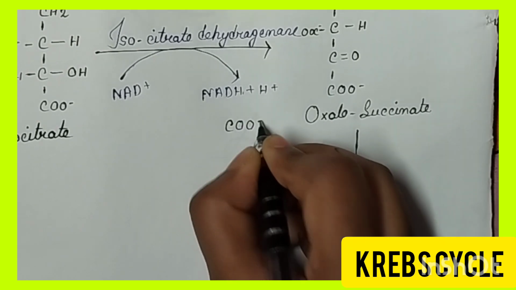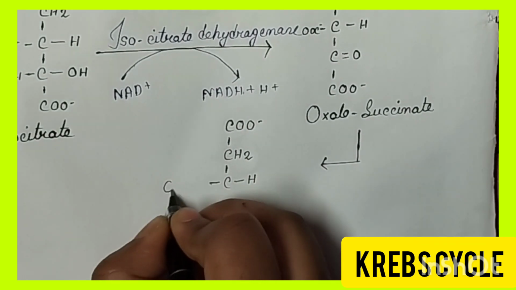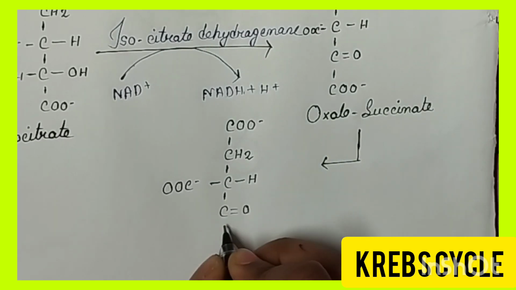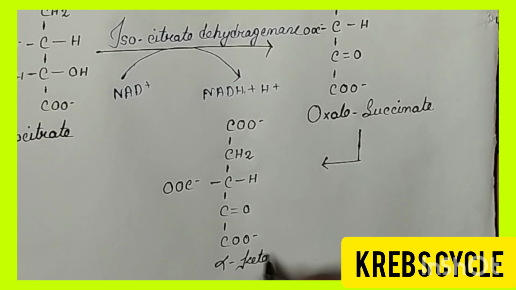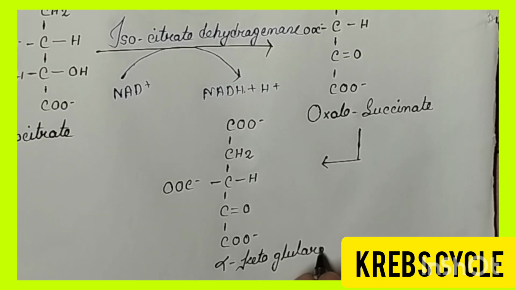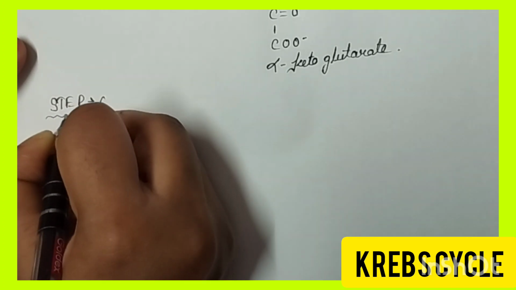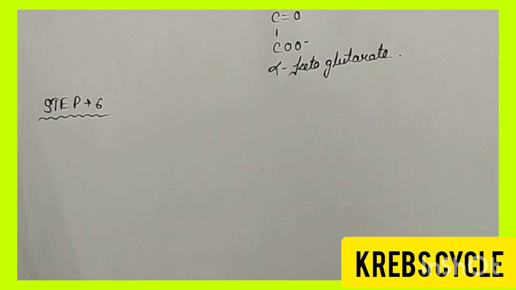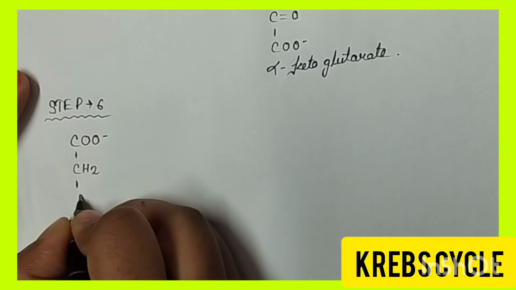Due to the oxidation, oxalosuccinate is first produced, which undergoes spontaneous decarboxylation, forming alpha ketoglutarate. The structure of alpha ketoglutarate, that is an easy structure.